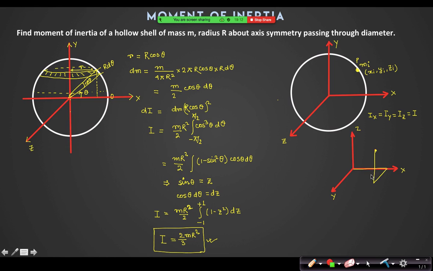Can you tell why Ix equals Iy equals Iz? It is perfect symmetry. If I take the axis of rotation and just rotate that ball, you will find the same orientation again. Yes or no?